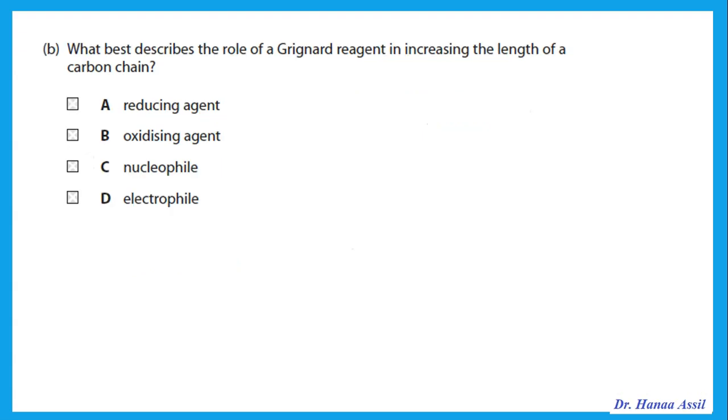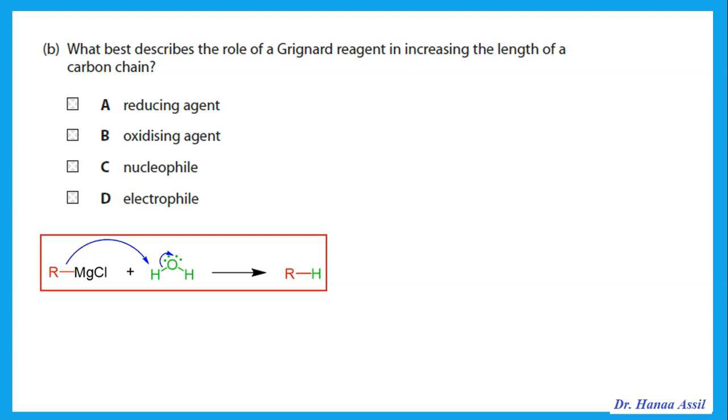to that substance. So, what best describes the role of a Grignard reagent in increasing the length of a carbon chain? Well, what are the reactions that a Grignard reagent can make? Once we have made the Grignard reagent, we can react it with many substances to form the required product.